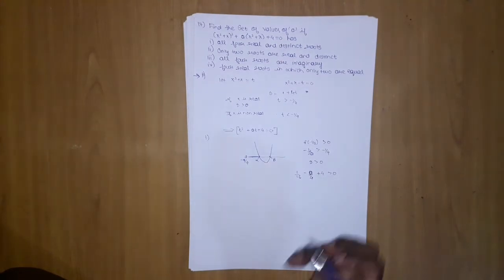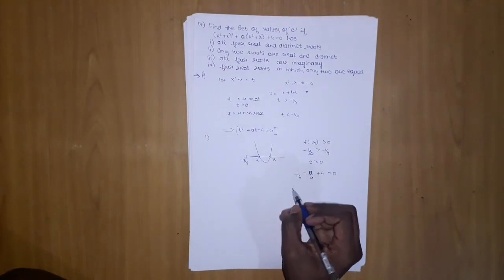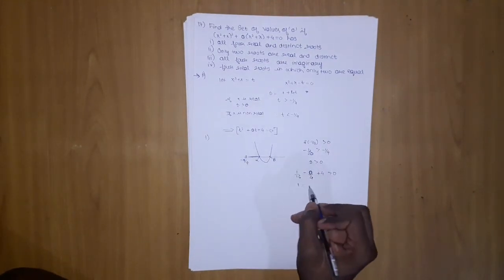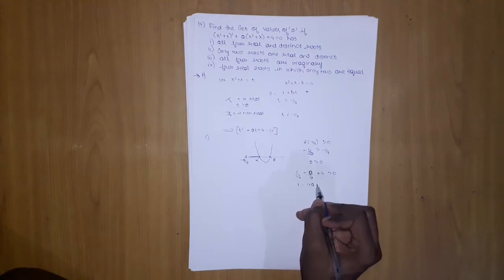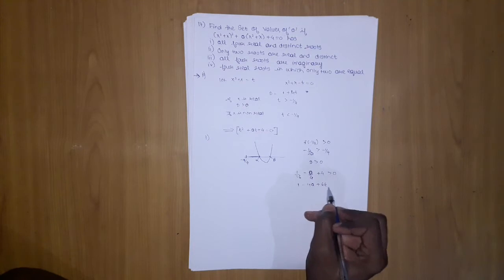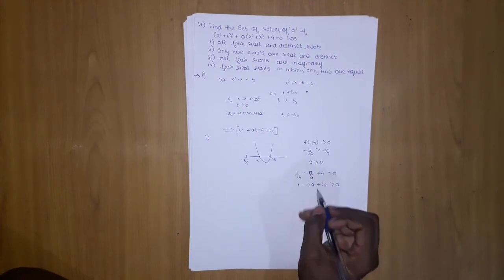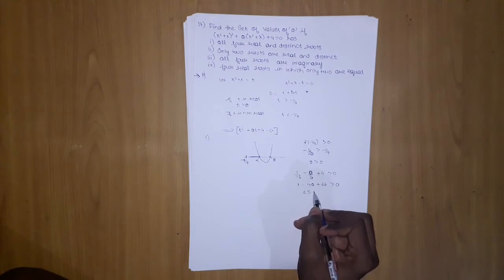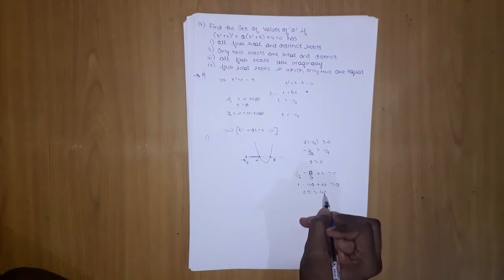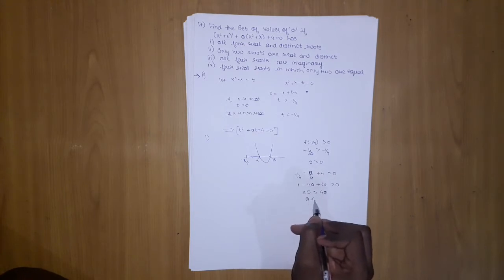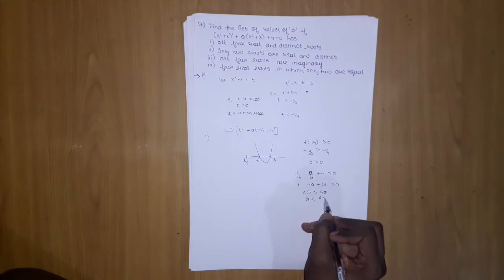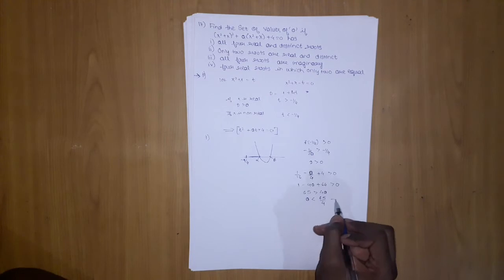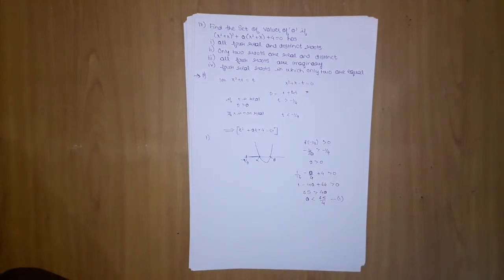If I multiply it by 16, I'm getting 1 minus 4a plus 64 greater than 0. So 65 is greater than 4a, and a is less than 65 by 4. Let me call this 1.